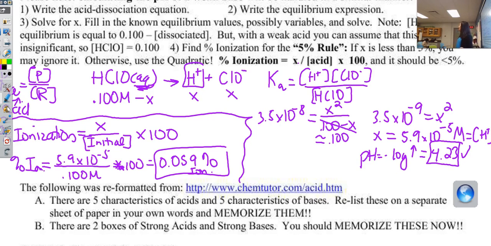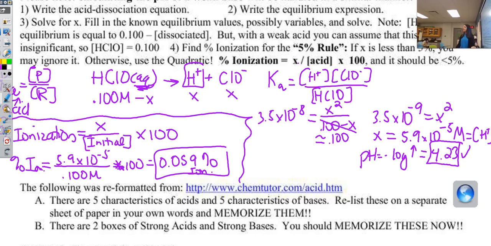You guys remember? It's really small. Probably negligible. But in this part, there are going to be questions, which there is one in the packet too, that's going to ask you to calculate the percent ionization. If it's less than 5% ionization, you can ignore X. If X is bigger than 5%, you actually are supposed to go back and do the algebra using X. Okay? So you do it first, and you calculate your percent ionization.